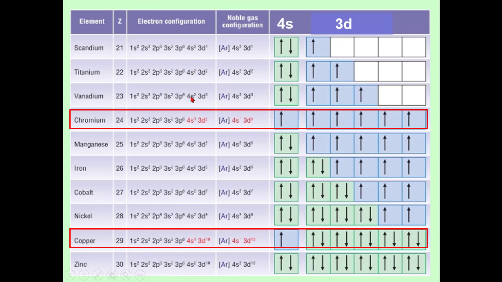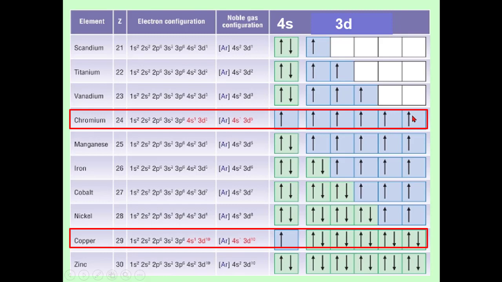But the problem here is that we have 6 electrons and if we put 2 electrons in 4s, then just 4 electrons are left. 1, 2, 3, 4 fill four d orbitals, and the fifth orbital is left vacant.